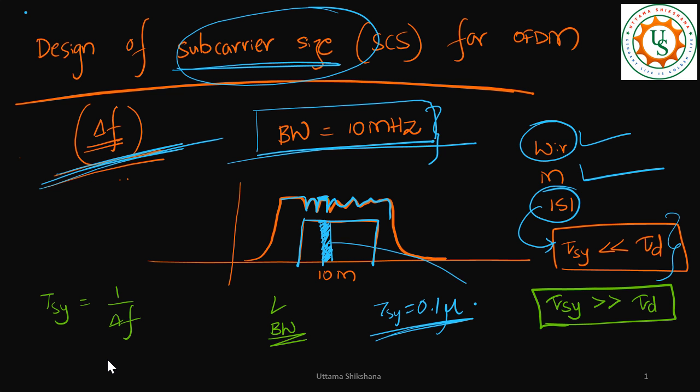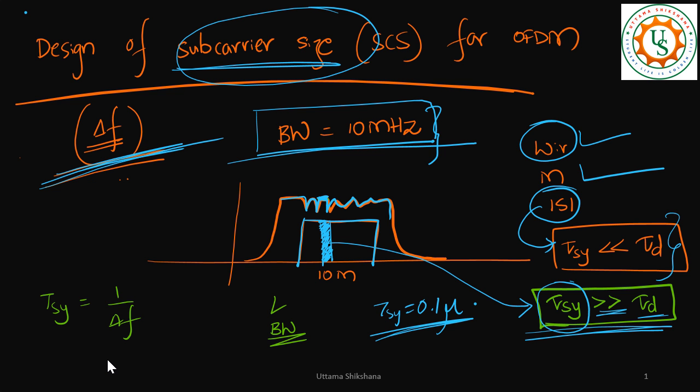That condition is our symbol duration should be far greater than τd. This is a condition, right, to remove ISI. And if you remove that ISI, then we can say that this particular subband experiences the flat channel frequency response.